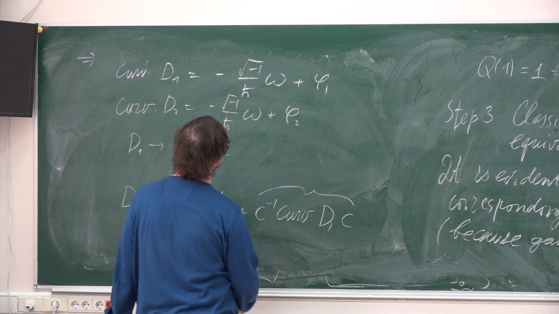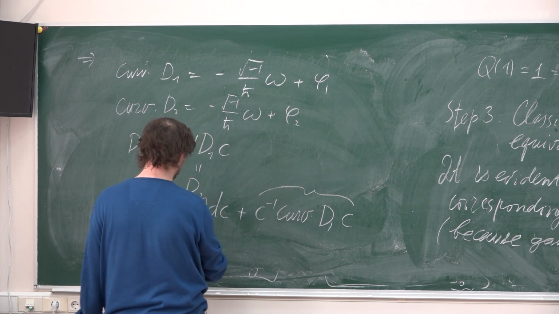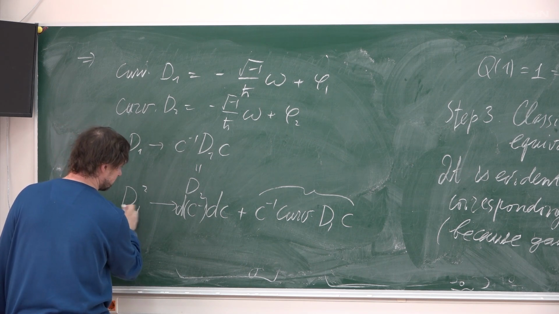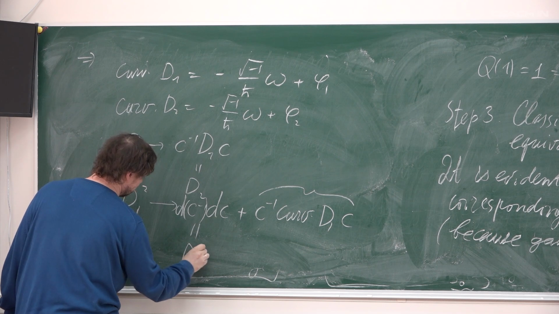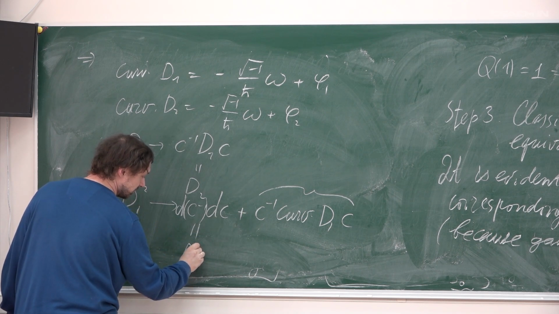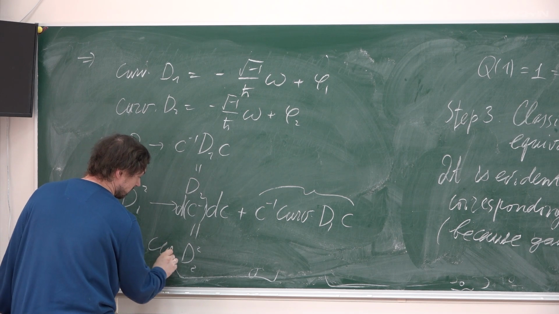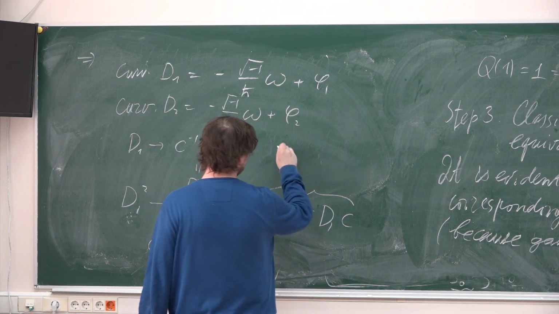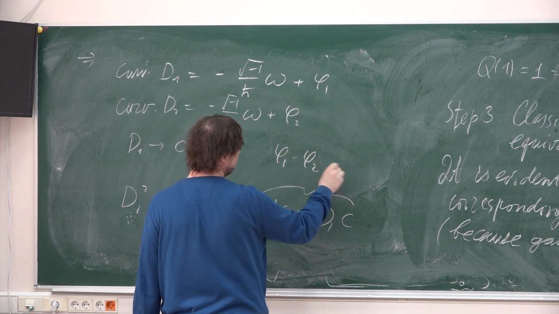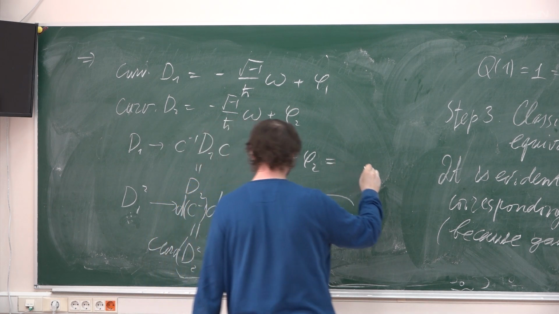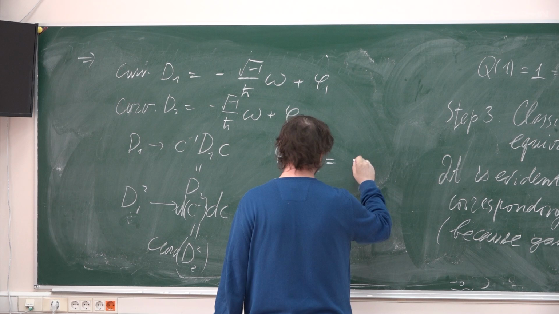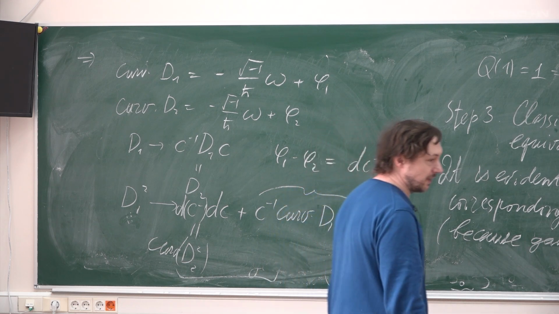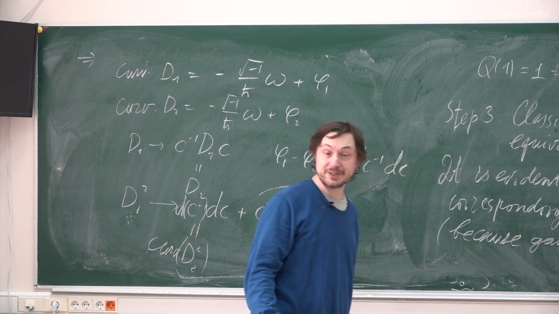And we see that the difference of this and the curvature of D2, which is this, right, will be equal to phi 1 minus phi 2, and it will be equal to dc minus first dc. And that's closed. That's not just closed, it's exact.